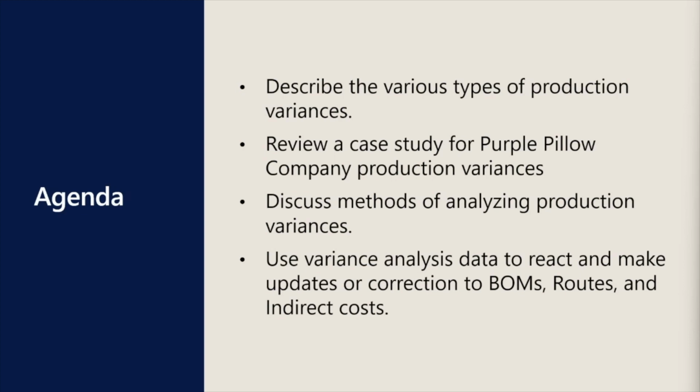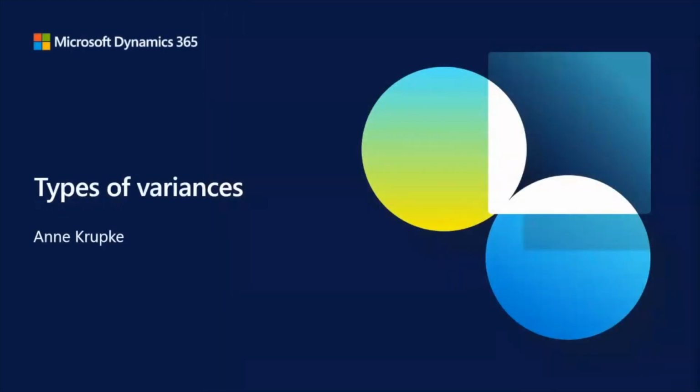We're also going to discuss methods that you can use to analyze your production variances and postings. We'll also take a look at how to use the variance analysis data to react and make updates or corrections to your BOMs, routes, and indirect costs. As usual, we'll always wrap up with our do's and don'ts and some resources that you can use to learn more about production variances. So with that, I'm going to hand it over to Anne to kick us off today.